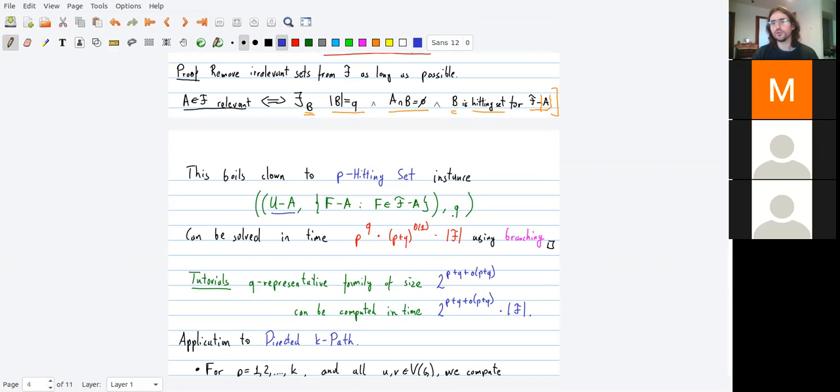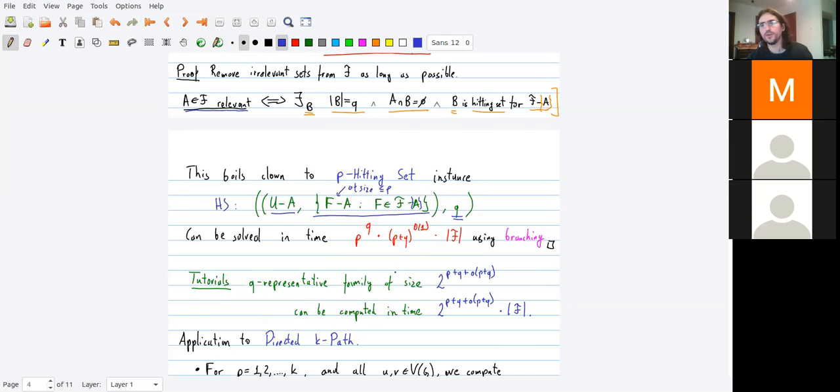I would like to spend q vertices in order to hit all the remaining sets, where all the remaining sets are simply the sets apart from the set A, and of course I cannot hit the elements of A. So checking whether set A is relevant boils down to solving this instance of hitting set, and all these sets here are of size at most p, because we assumed that F contains only sets of size at most p.